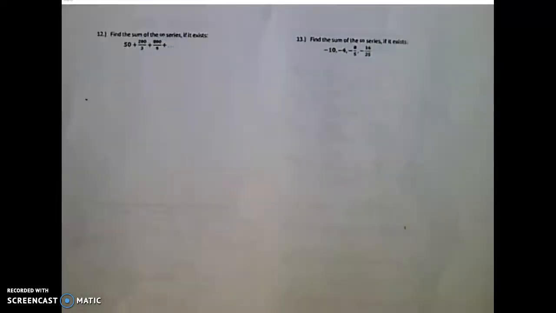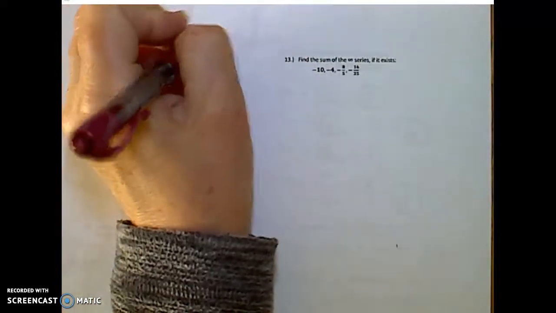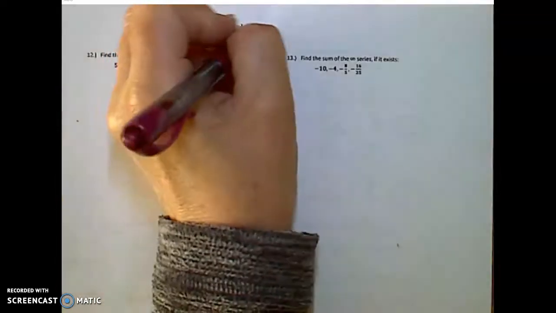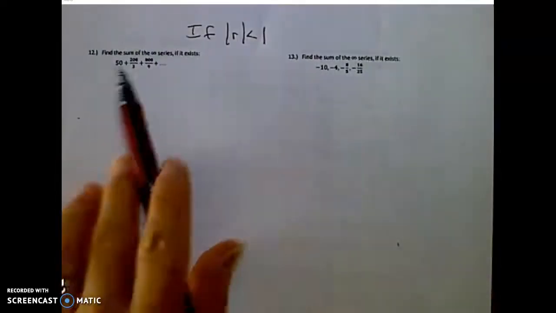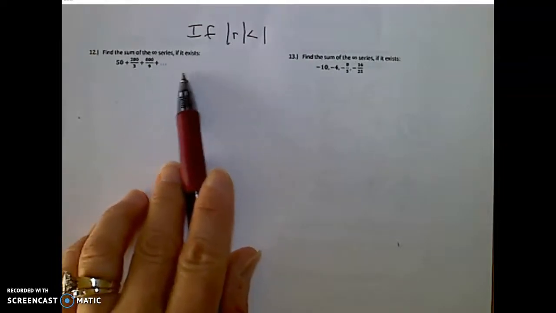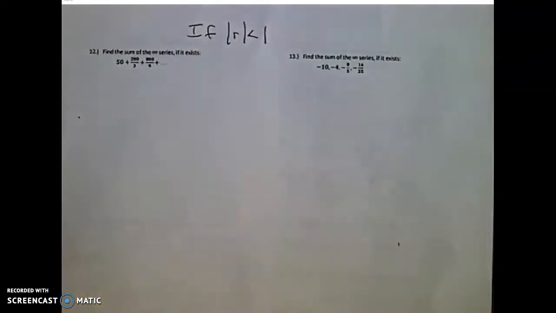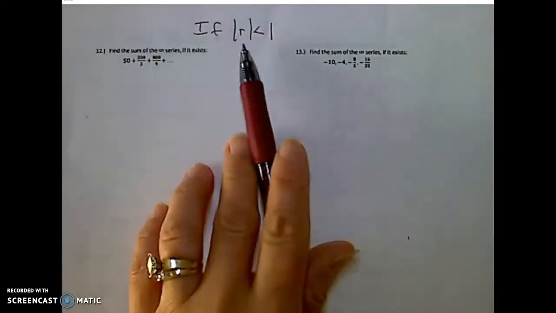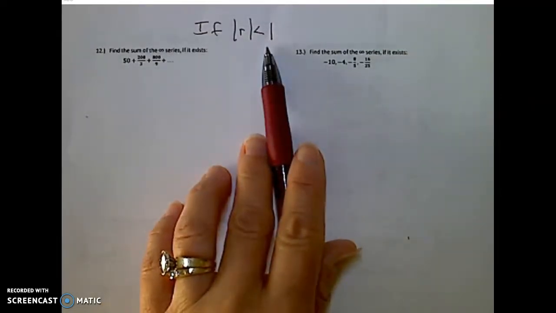The only time we can find the sum is if the common ratio is less than 1. Because if the common ratio is bigger than 1, you have increasing numbers, and that sum just increases, increases, increases without bound. So the only time we can find the sum of an infinite geometric series, that's important for calculus, is if the ratio is less than 1.